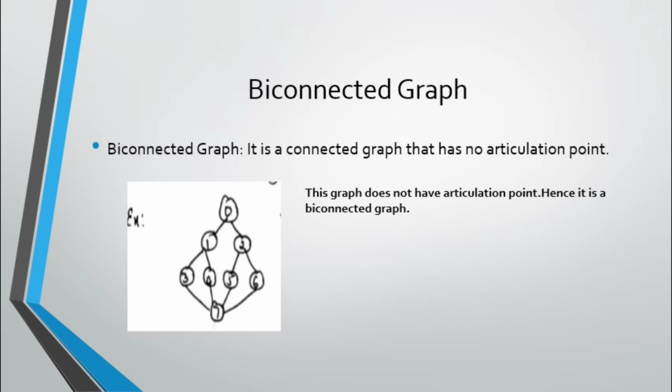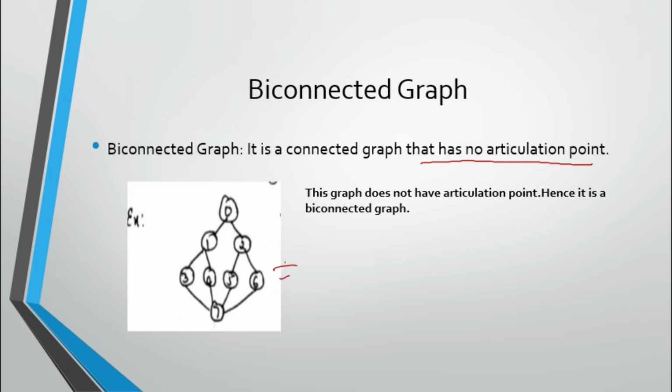What is a biconnected graph? It is a connected graph that has no articulation point. So a graph can be a biconnected graph only when it does not have any articulation point. If you remove any vertex here, it will not create two graphs.